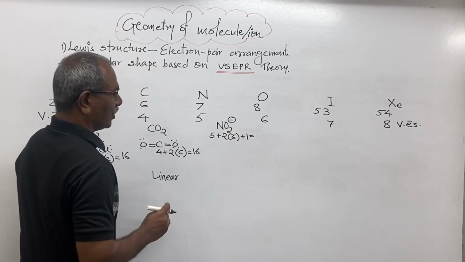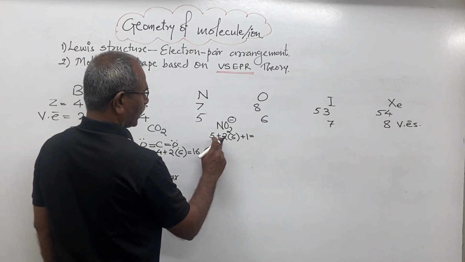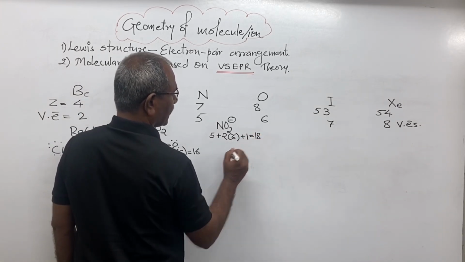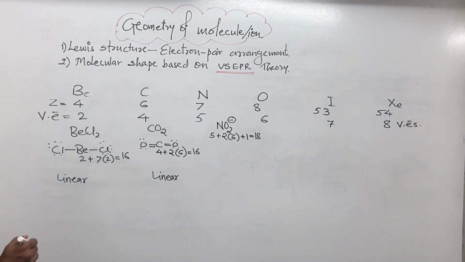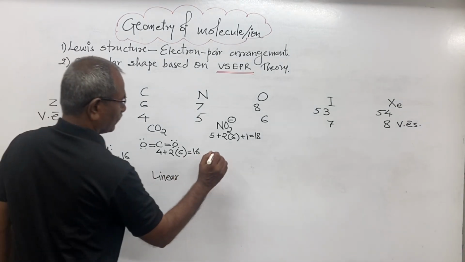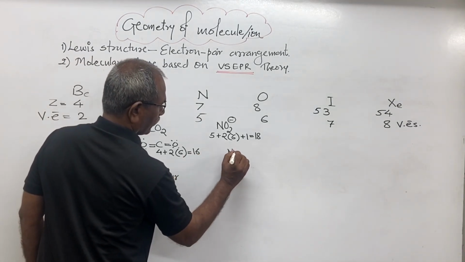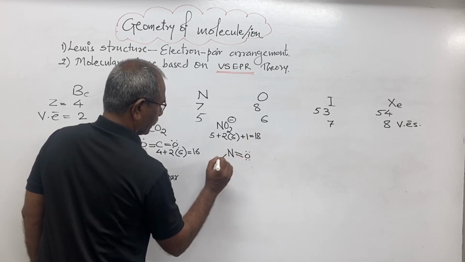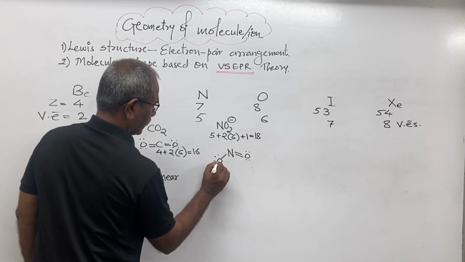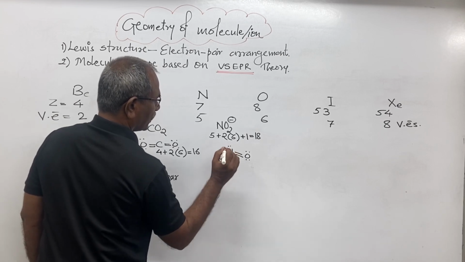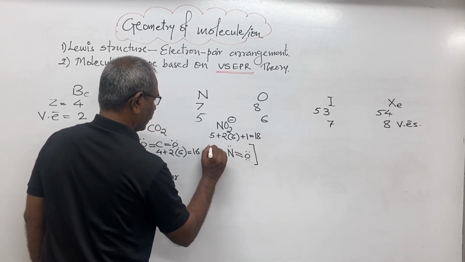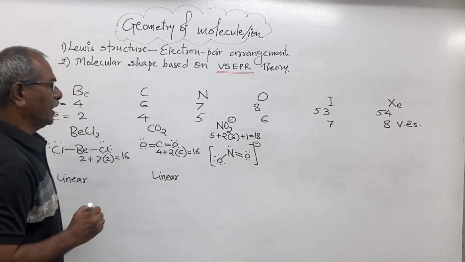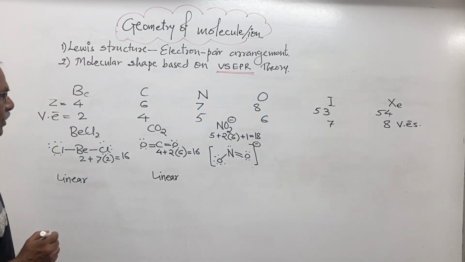So total electrons: 12 plus 5 is 17, plus 1, 18 valence electrons in the case of the NO2 minus ion. So you can write like this. And nitrogen has a lone pair of electrons and a negative charge, the NO2 minus ion.